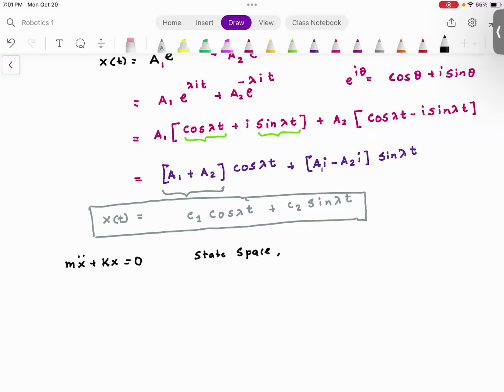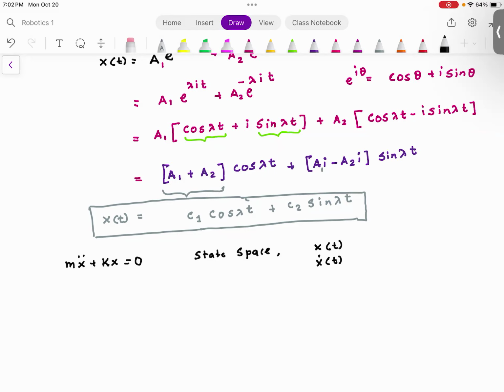So how do you find the state space? You start with the first variable that has zero derivative. So the variable is x of t, and then you use the first derivative of this, which is x dot of t.